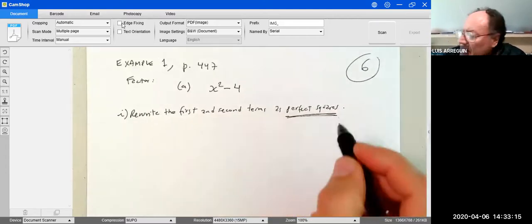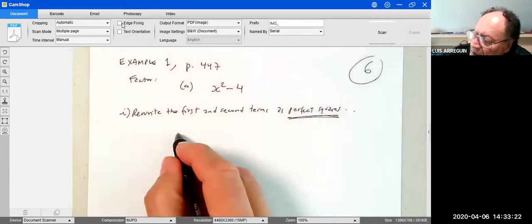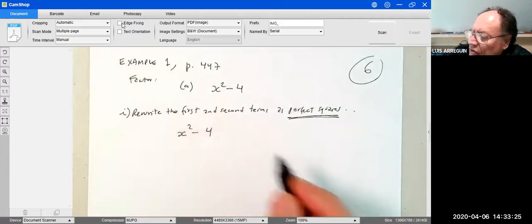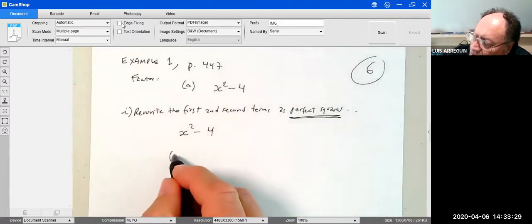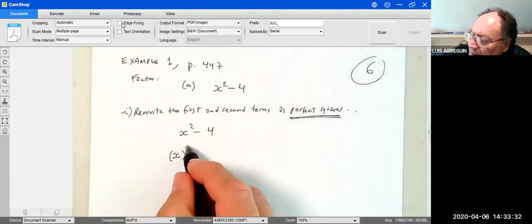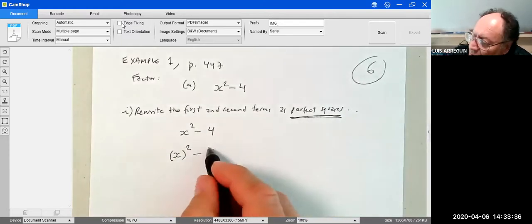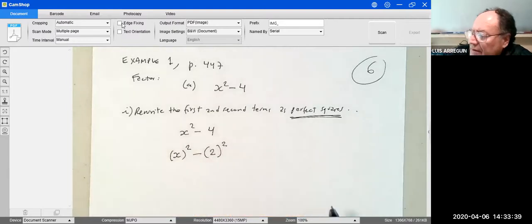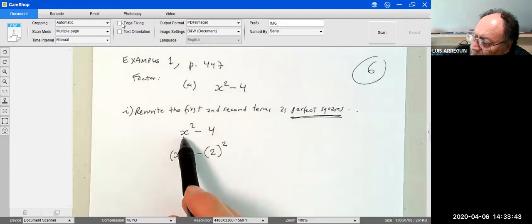So how do you write this as a perfect square? You use parentheses. You can write x squared, which is a perfect square, and 4 is 2 squared. So this is another perfect square because we can write them as perfect squares.